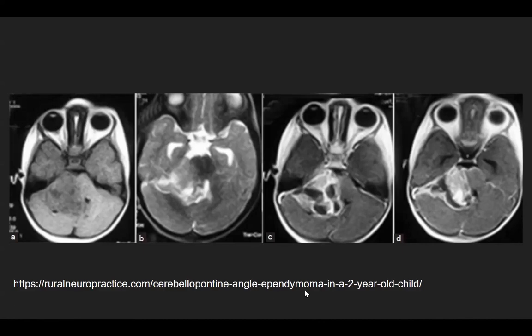If I had not added this little line here as a reference, and if you had just seen the image, it would have been very hard to understand where this tumor is originating from, whether from the petrous ridge, the CP angle, the petroclival junction, or the floor of the fourth ventricle. So in these tumors, to comment safely on origin, we need multiple sections, especially coronal and sagittal sections, because axial imaging can be very misleading here.